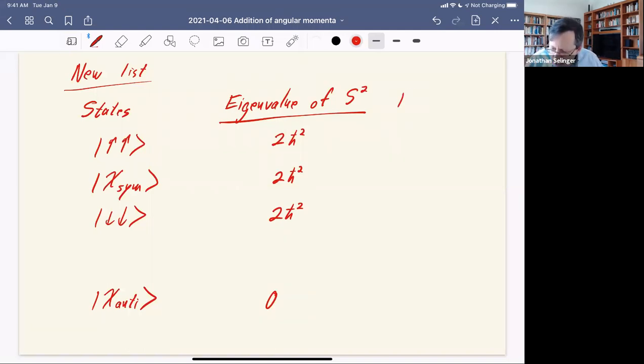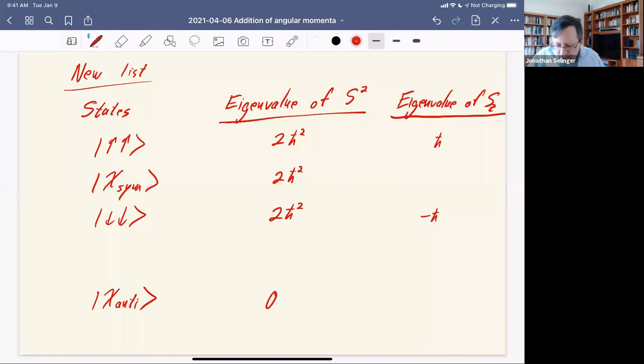What about the eigenvalue of S z? For up up, we found the eigenvalue of S z is h bar. For down down, the eigenvalue of S z is negative h bar.